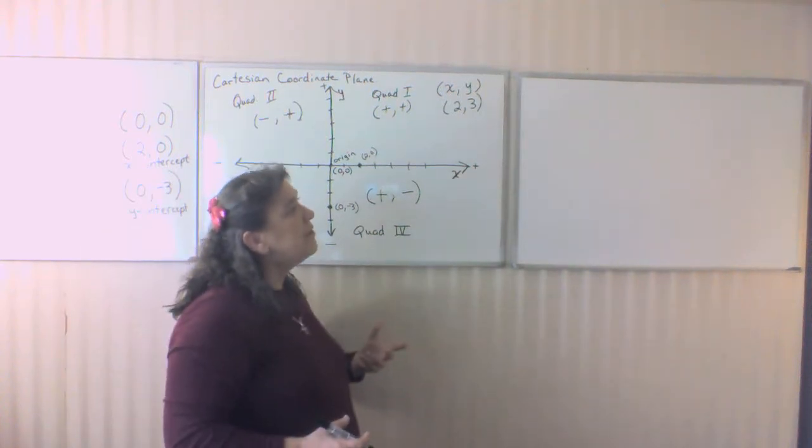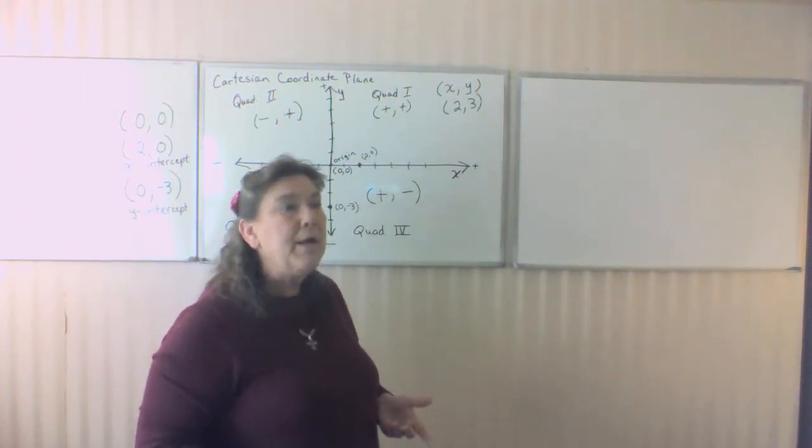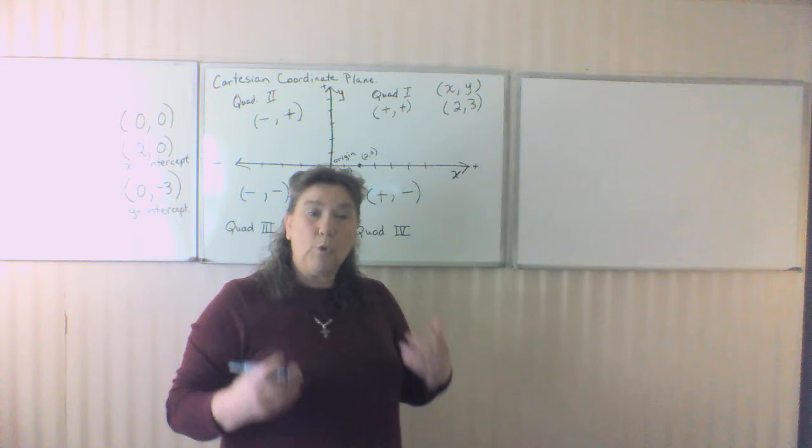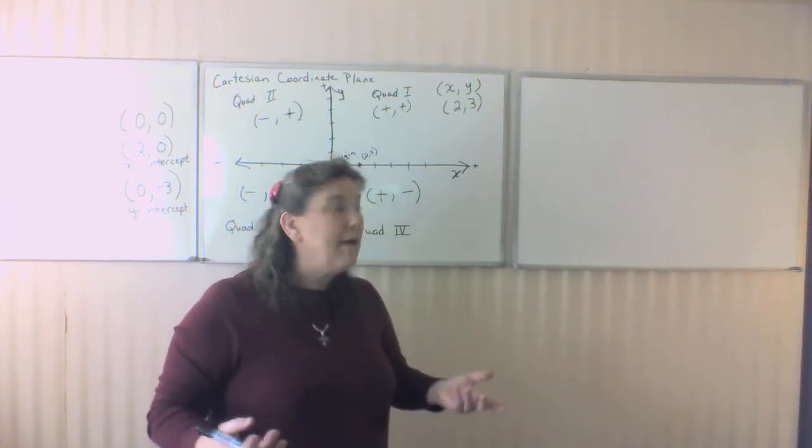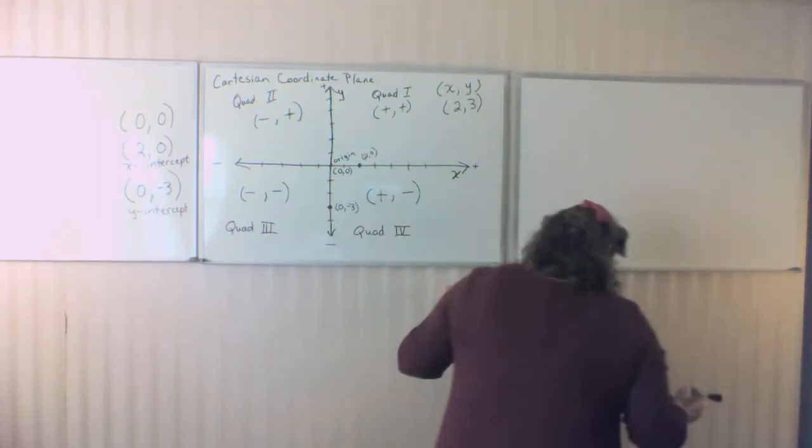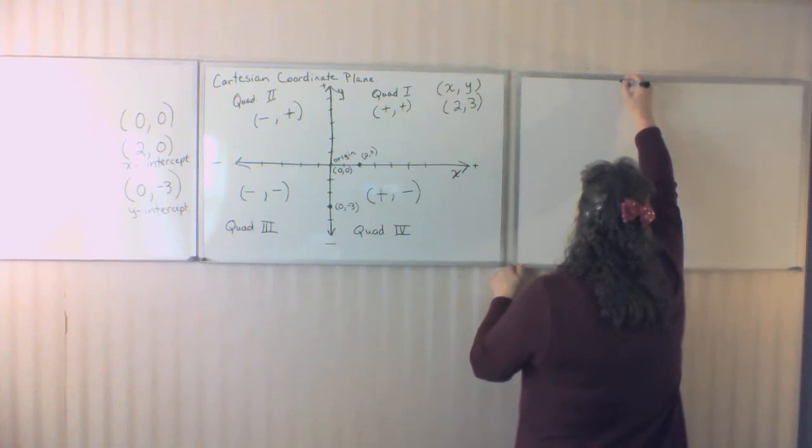Okay, the first part of this that we're going to get into now is you are going to be given some ordered pairs and you're going to graph those ordered pairs. So let's draw another XY axis here.